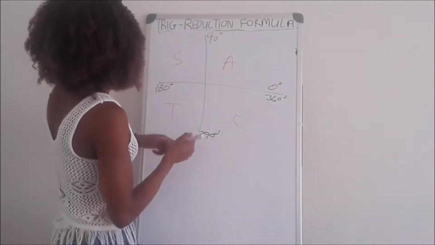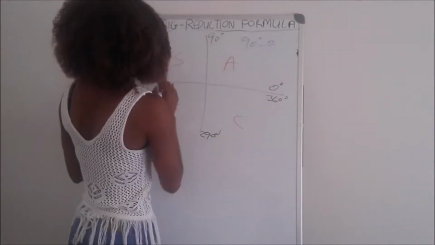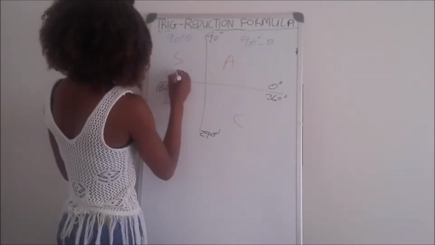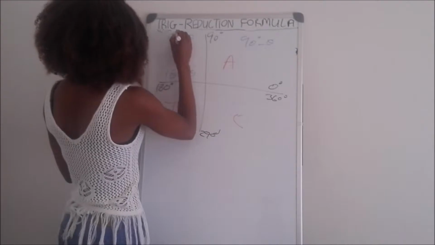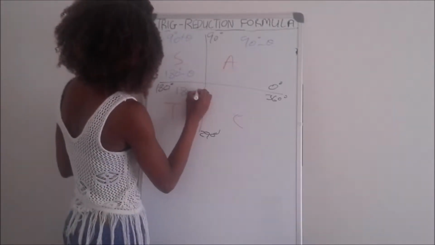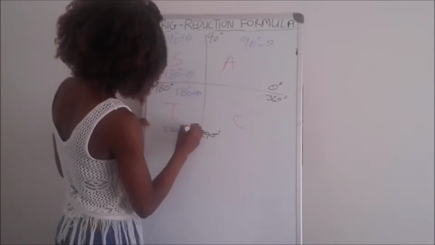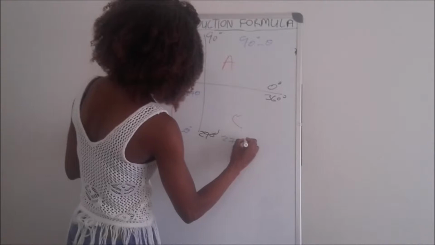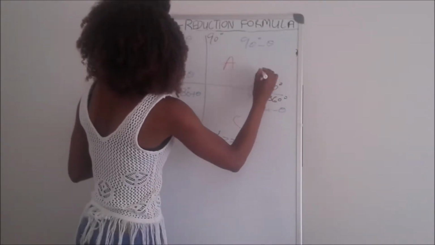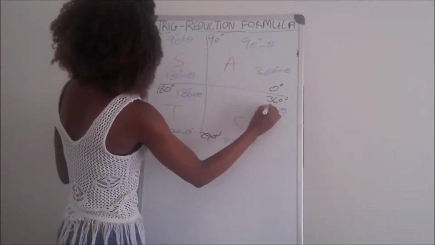In the first quadrant we have 90 degrees minus theta, and in the second one we have 90 degrees plus theta and 180 degrees minus theta. In the third one we have 180 plus theta and 270 minus theta, and in the fourth we have 270 plus theta and 360 minus theta, and in the first one we also have 360 degrees plus theta.